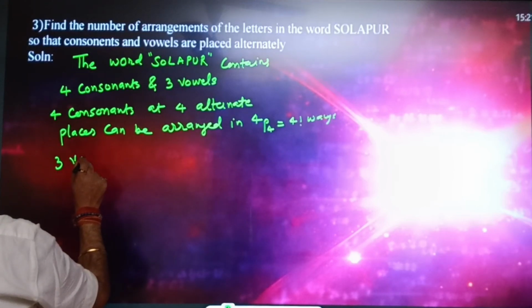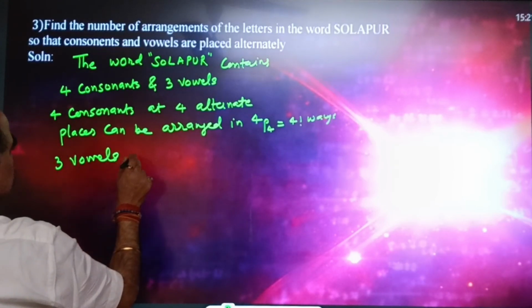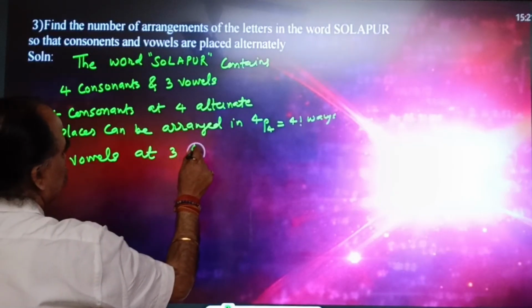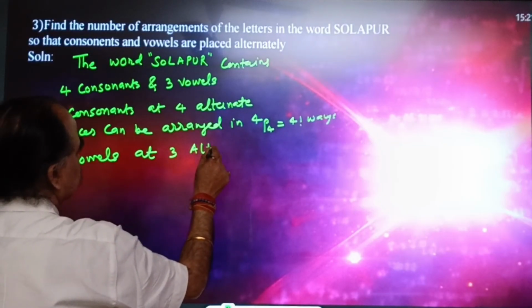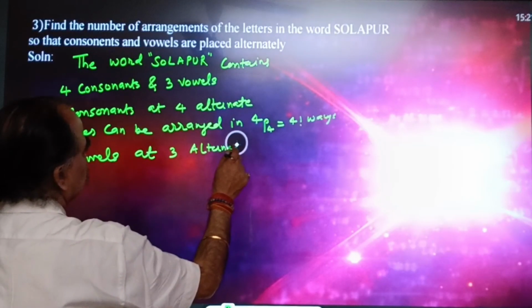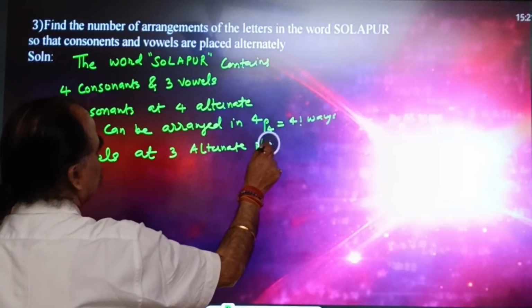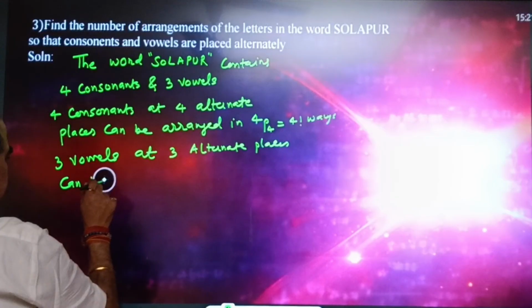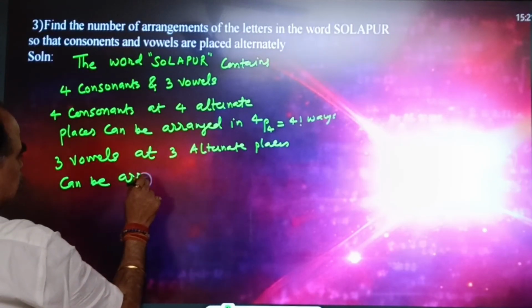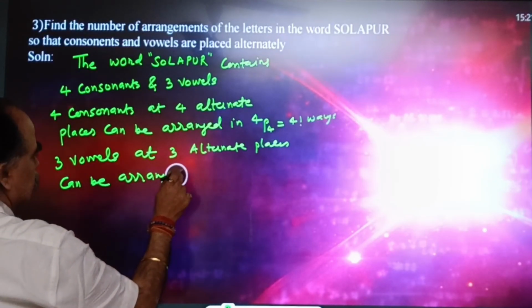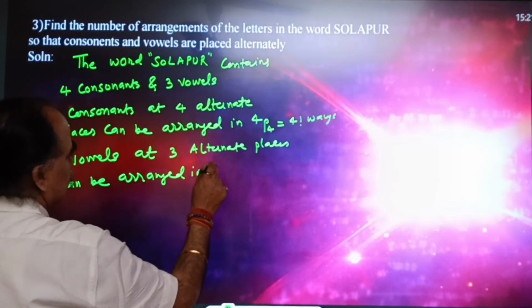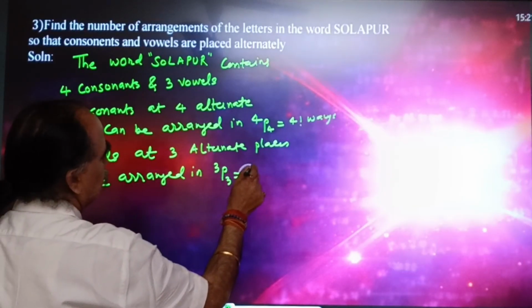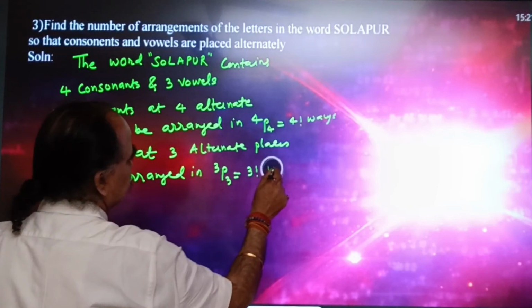Three vowels at three alternate places can be arranged in 3 factorial ways.